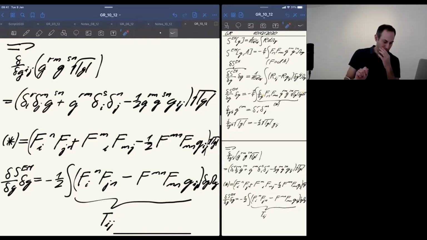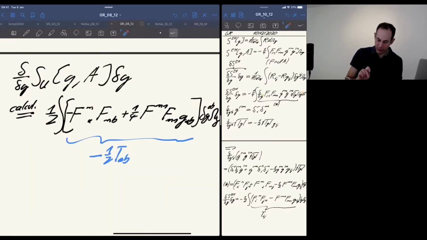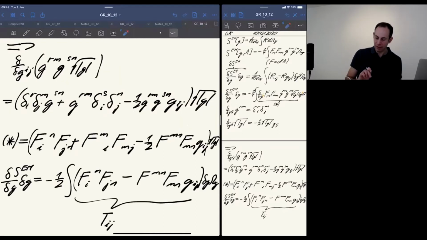Where is the 1/4? Let me check again what we should have. We should have a 1/4 in terms of the F_MN. Does anyone see where I missed the 1/4?